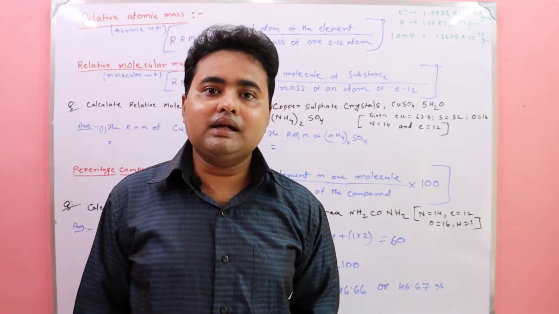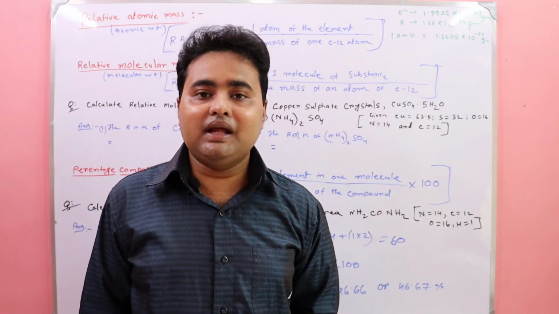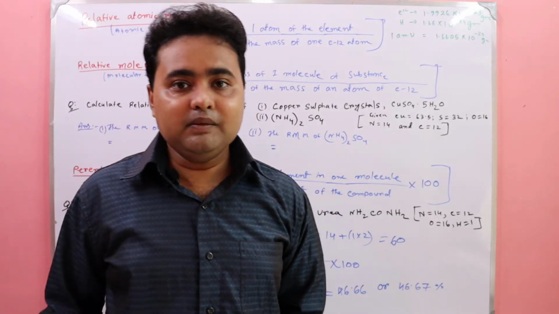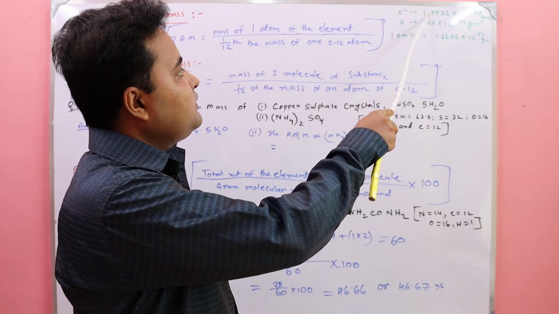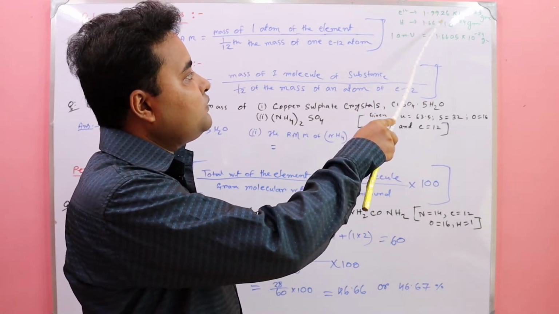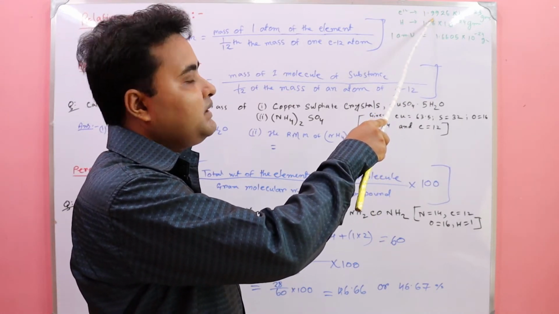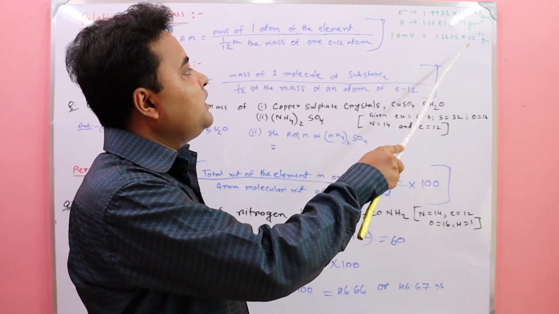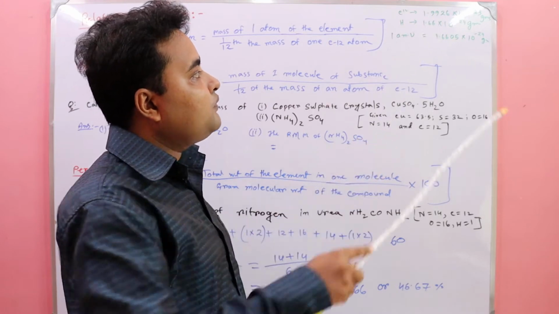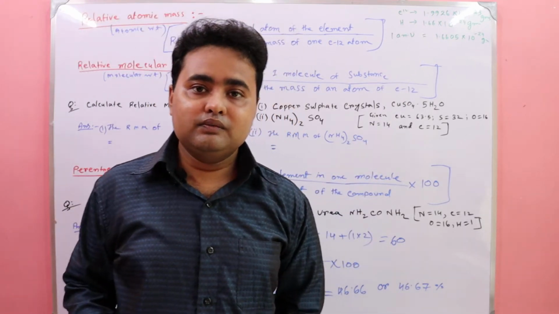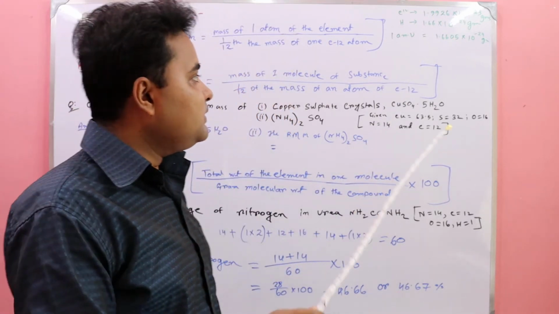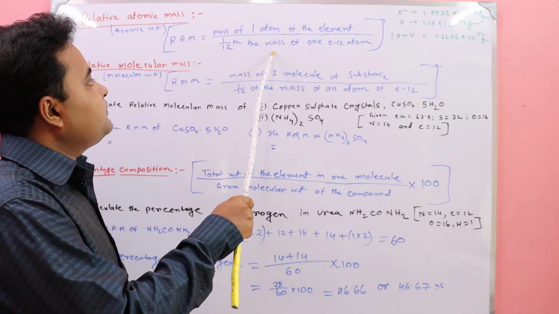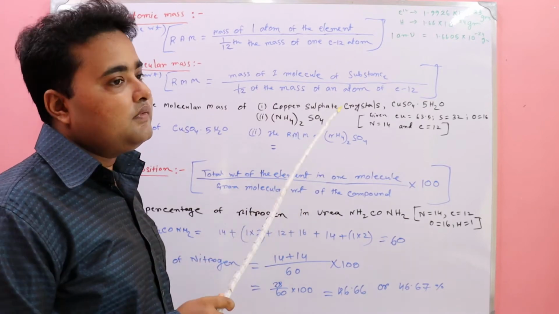But if you consider the carbon atom, then you have to take 1 by 12 of the carbon atom mass. That is 1.9926 into 10 to the power minus 23 divided by 12, which gives 1.66 into 10 to the power minus 24. You have to remember this term: 1 by 12 of the mass of the C12 atom.